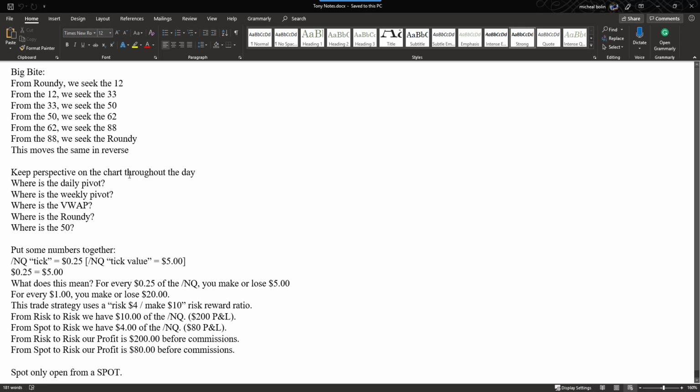Keep your perspective on the entire chart throughout the day. Where is the daily pivot? Where is the weekly pivot? Where is VWAP? Where is the roundy? And where is the 50? Those key areas are going to be places where price can absolutely rebound, bounce, stall, get hung up.